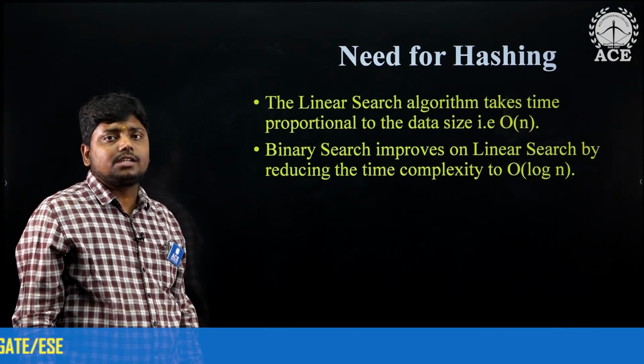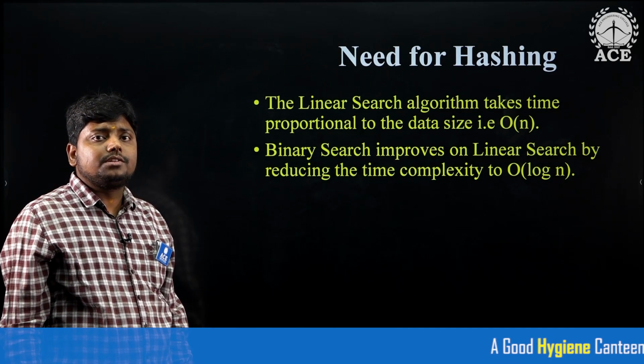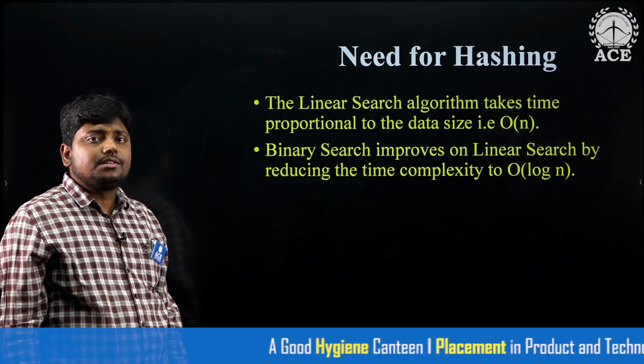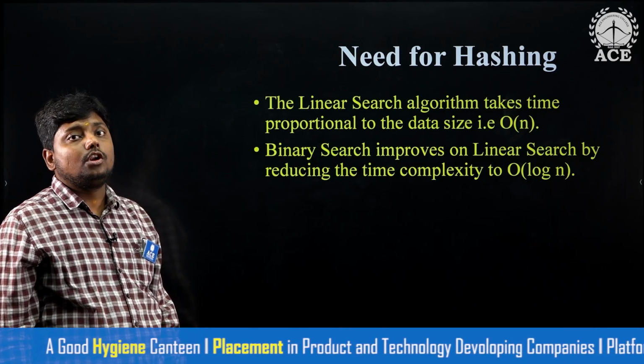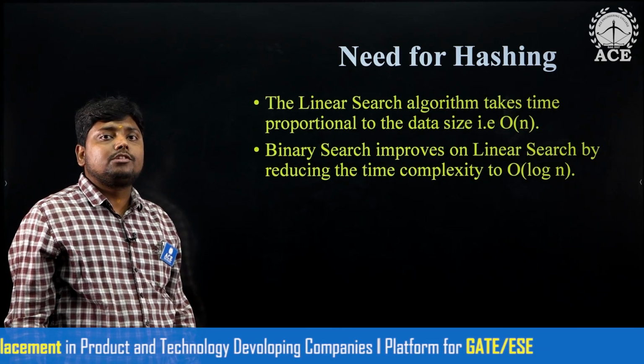In this fashion, the size of the list decreases by half at every iteration, and it results in a search time complexity of order of log n. But the constraint is the list has to be sorted.